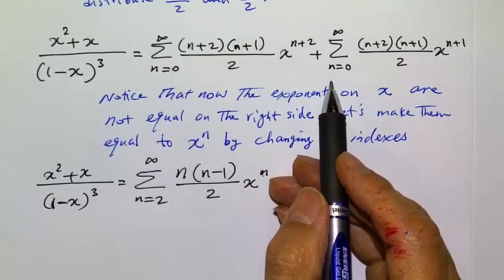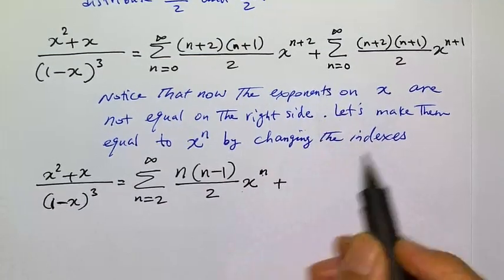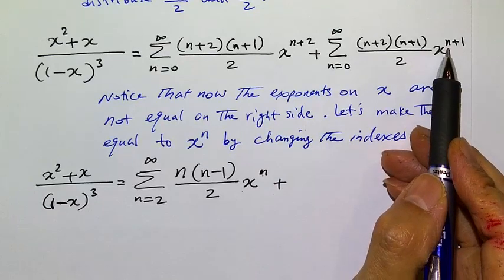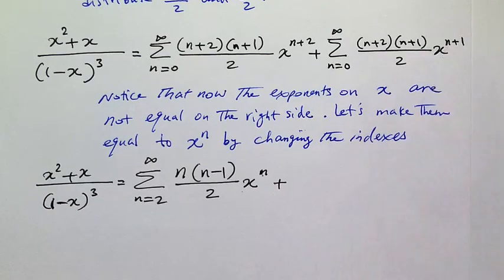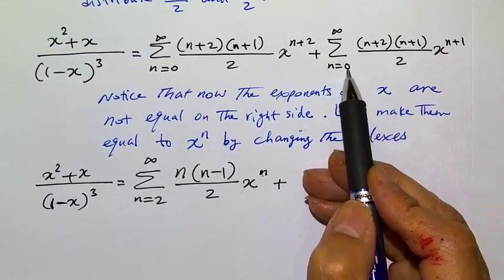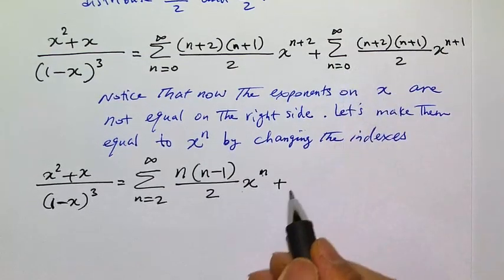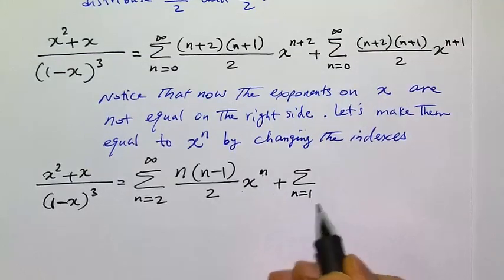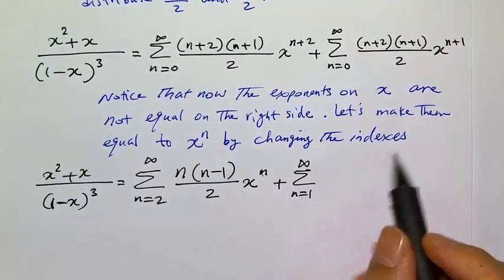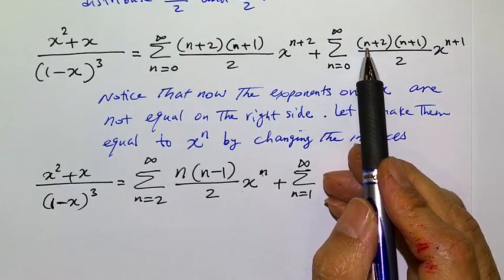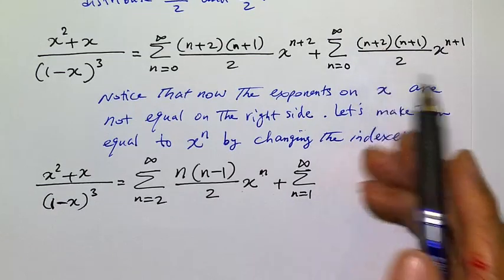Now the other one, we want to get x to the n power here as well, and we'll have to replace n with n minus 1 this time, and that will increase this n by 1. So going from 1 to infinity, replace this with n minus 1, we get n minus 1 plus 2, we get n plus 1.